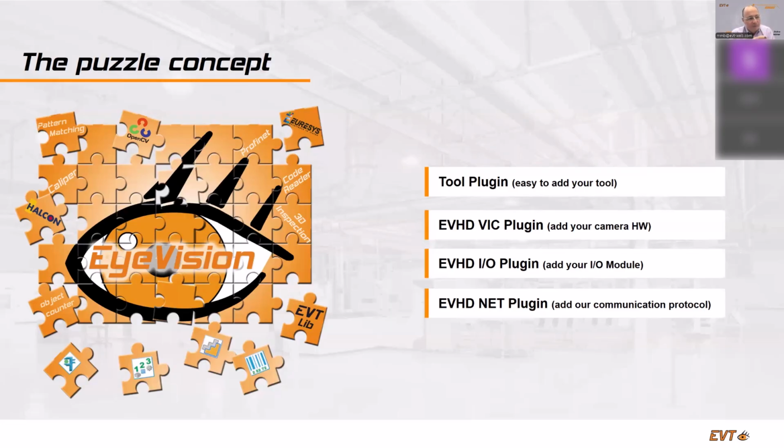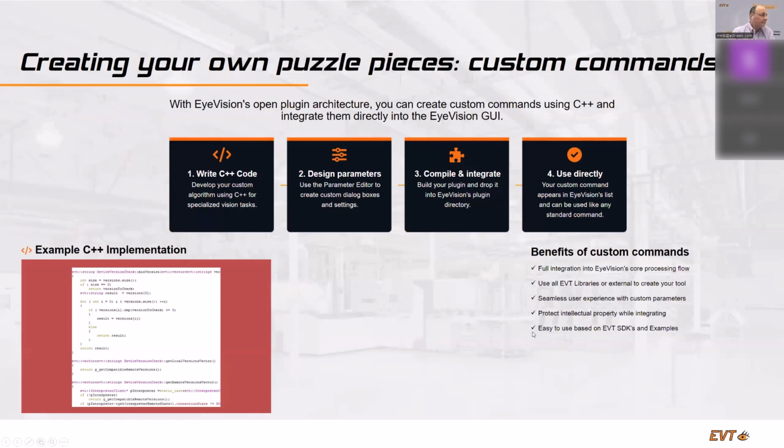Especially also if you don't use our robot communication interface, you could use the NET plugin to communicate with any specialized robot. So the implementation of all these kinds of hardware is dedicated to this SDK.